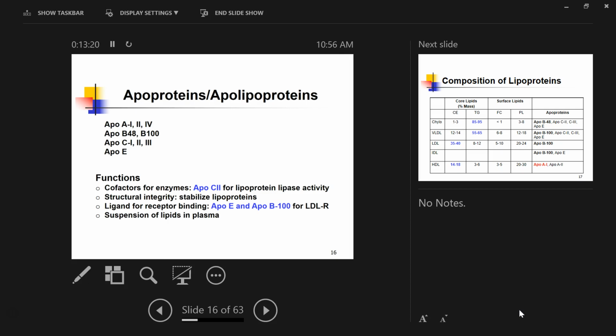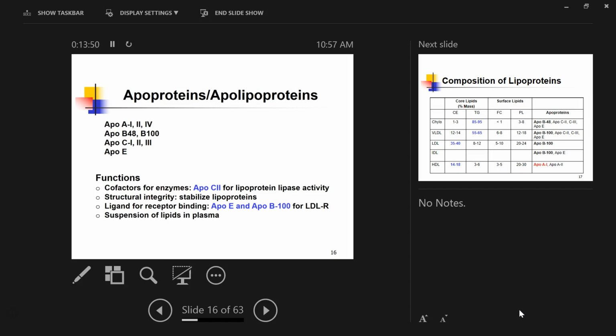Okay, is that clear? LDL is one of the lipoproteins, so it binds the LDL receptor in order to be taken up into the cell. And the LDL receptor can only recognize lipoprotein that has ApoE or ApoB100 on the surface.